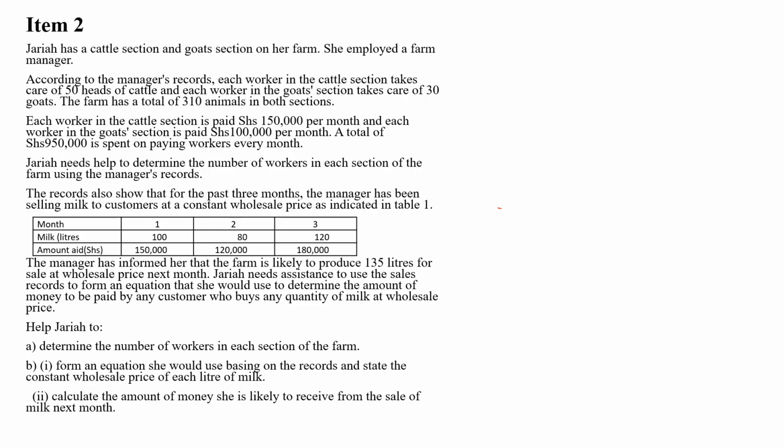Determine the number of workers task. Help Daria to determine the number of workers in each section of the farm. Then part B, Roman 1, form an equation that she would use basing on the records and state the constant wholesale price of each liter of milk.